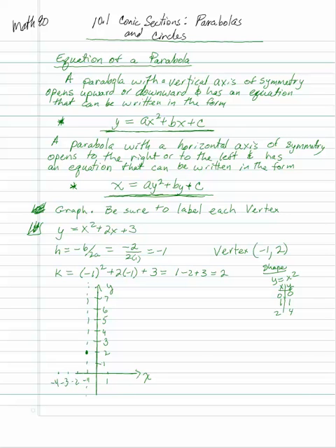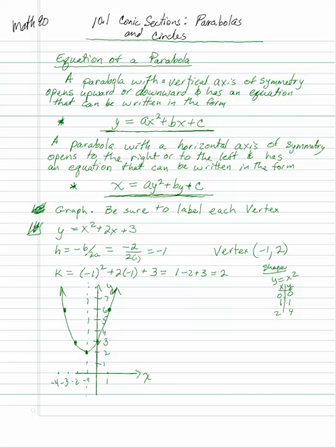So 0, 0, 1, 1, mirror image. 2, 4, 1, 2, 3, 4. Mirror image, and then we make a parabola. It's as simple as that. Okay, so let's try one that opens sideways so you can see how it works.